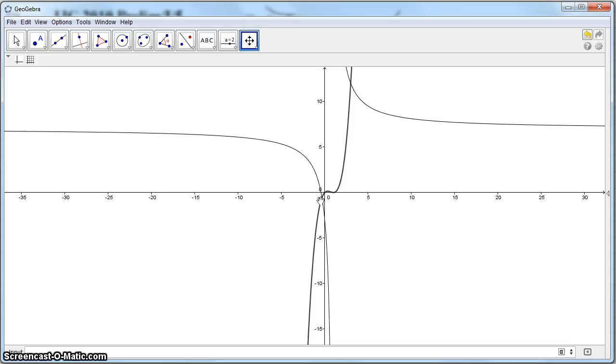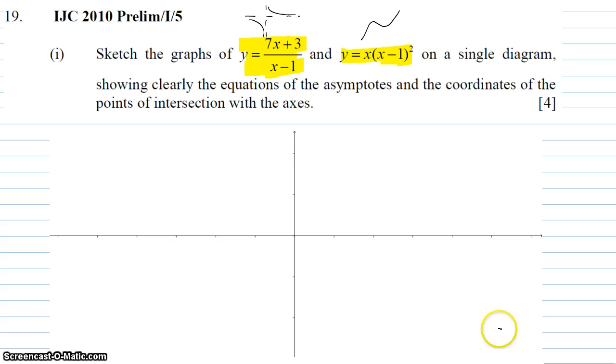So try to be aware of them at least. So this is roughly what the graph looks like. So I'm going to sketch it in here. Now it's a little bit hard on the computer, so just forgive me for some inaccuracies.